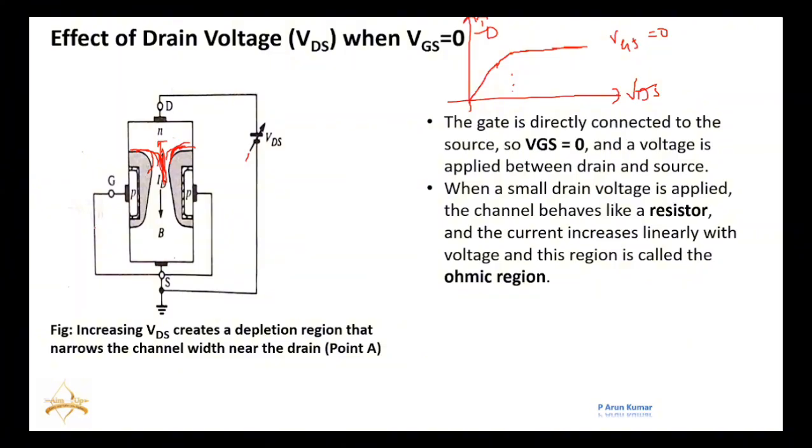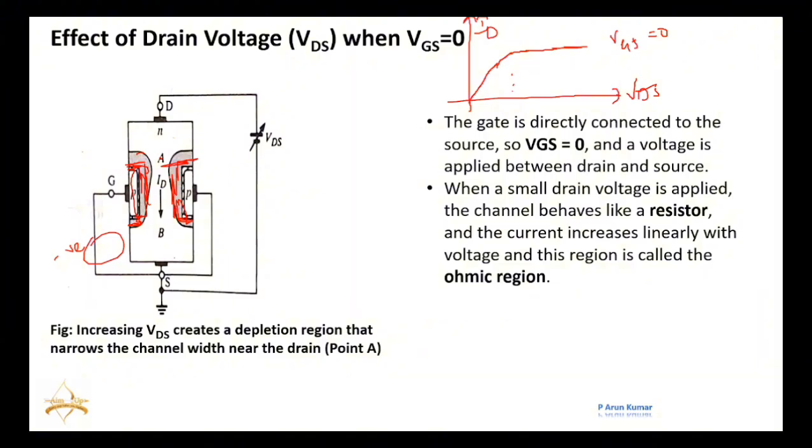If I give VGS in the negative direction, then what happens? The channel will decrease, right? If I give VGS in negative, the channel will decrease like this, with more depletion region.